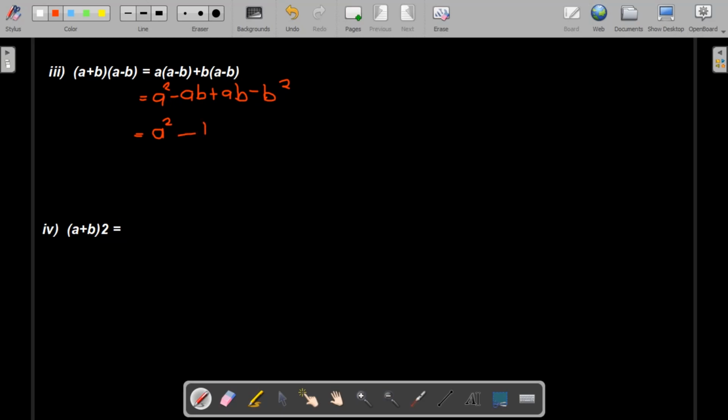We're going to remain with minus b squared. And this whole thing is what we call the difference of two squares. The difference of two squares can also be written as (a - b) with the square on top.